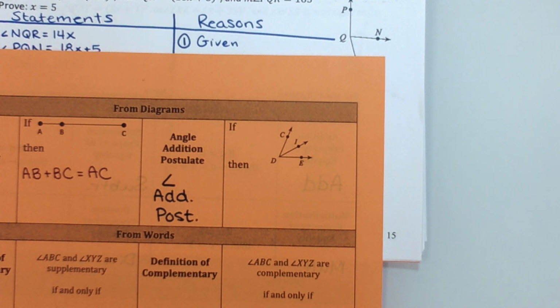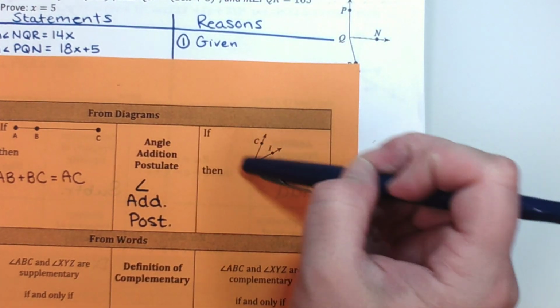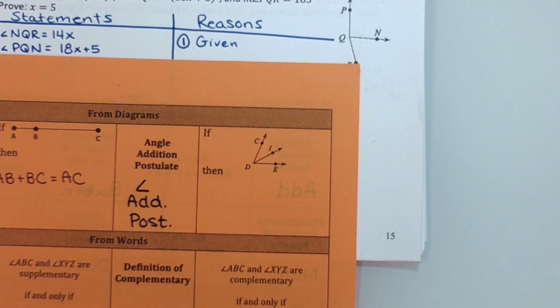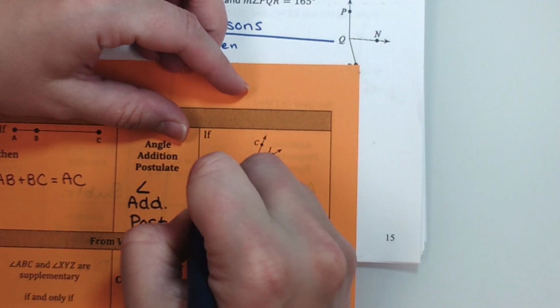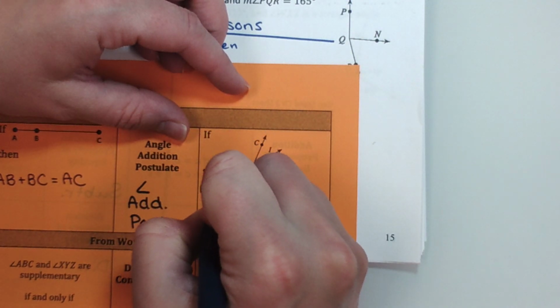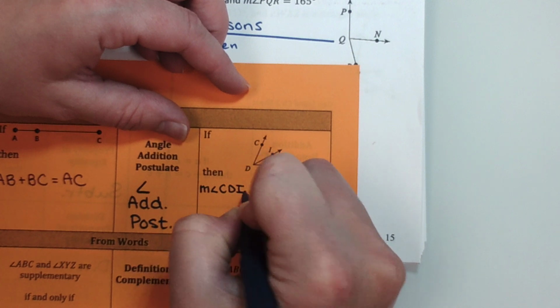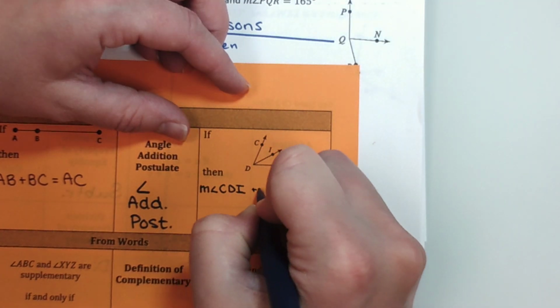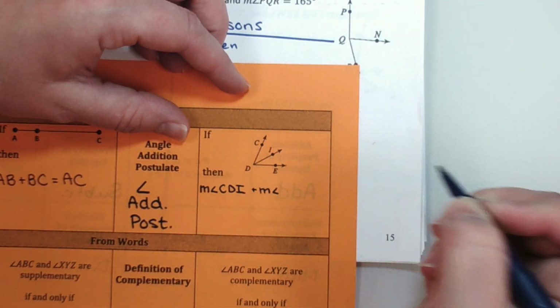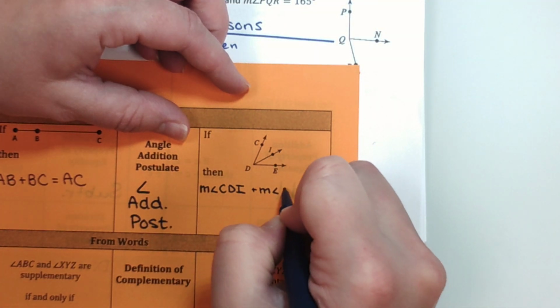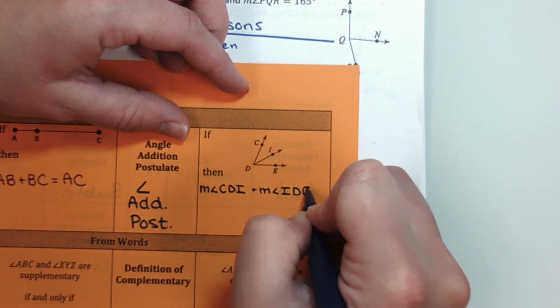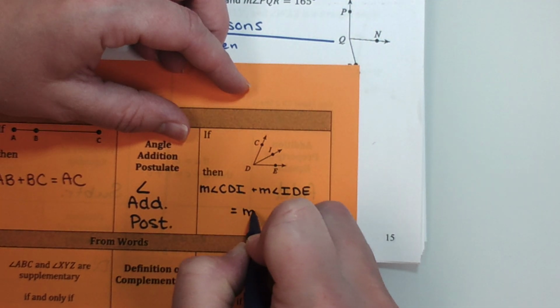Angle addition postulate says that if I have two adjacent angles, angles right next to one another, I can say the measure of angle CDI, that's one of the little angles, plus the measure of the other little angle, I'm going to call IDE, is equal to the measure of the big angle.